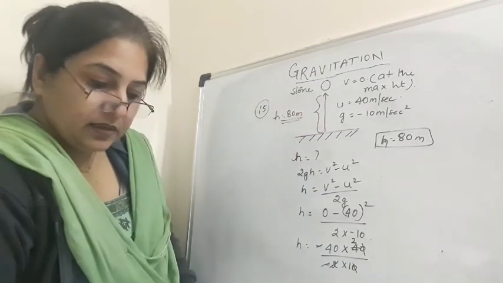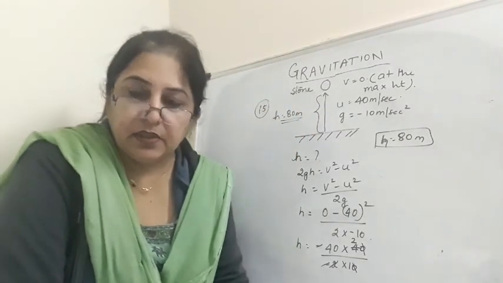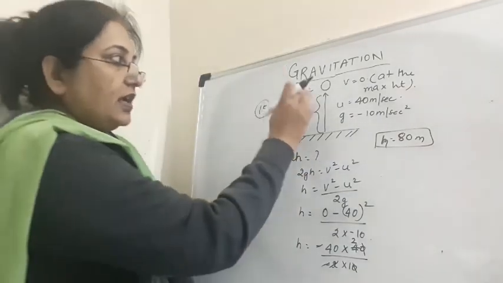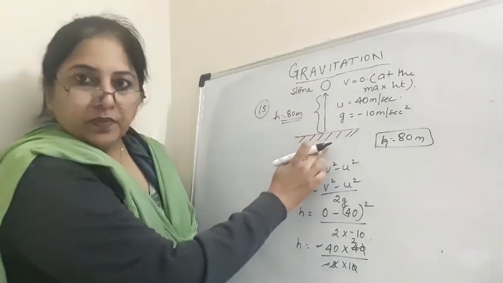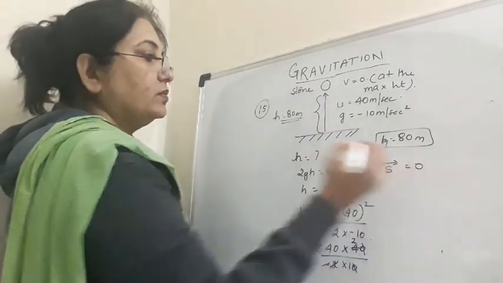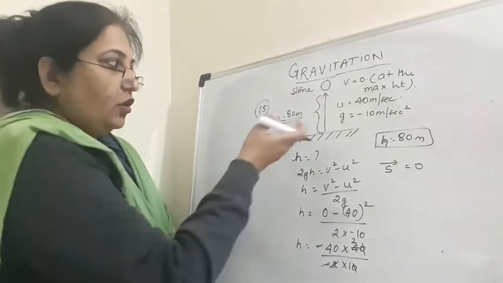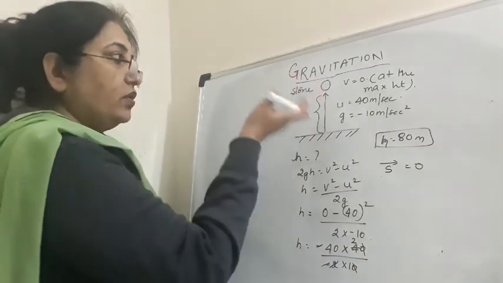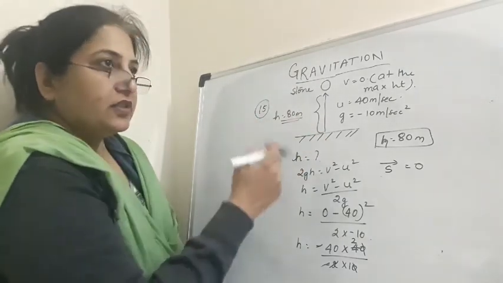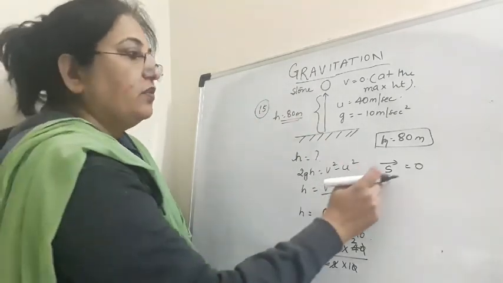Then what is being asked? What is the net displacement? Now you know that when the stone is going up, definitely it won't stand here. It will fall down. Okay. So the net displacement will be 0 because the stone is going up and falling down at the same place. So initial and final positions are same, therefore displacement will be 0.